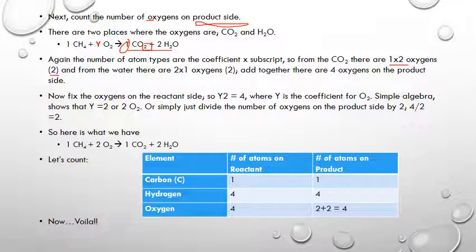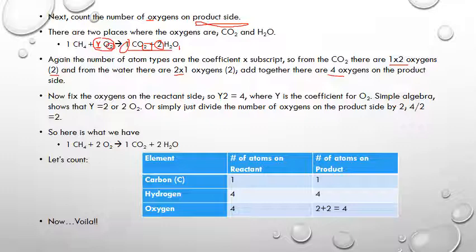And for water, there's 2 times 1 oxygen. And so you have 4 oxygens on the product side. Okay, so what I have is some y times 2 has to equal 4.